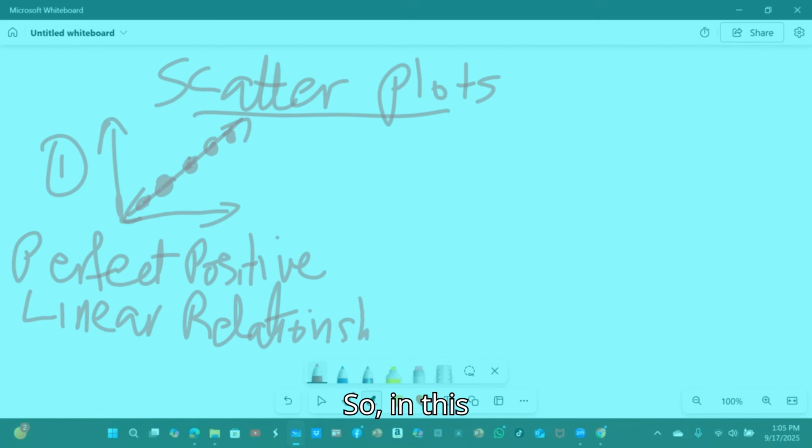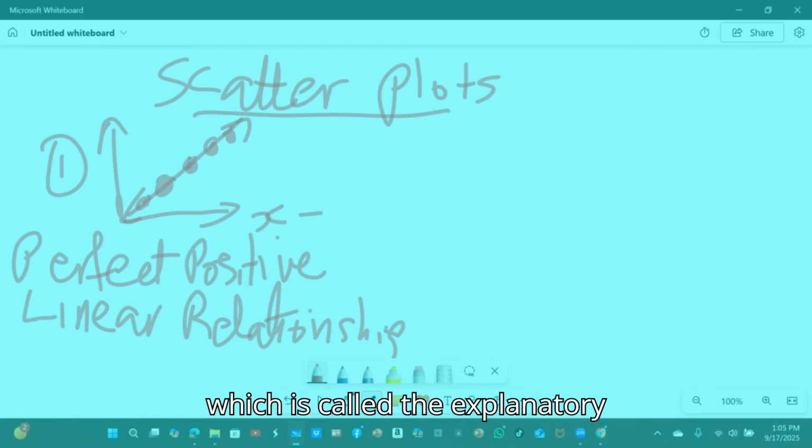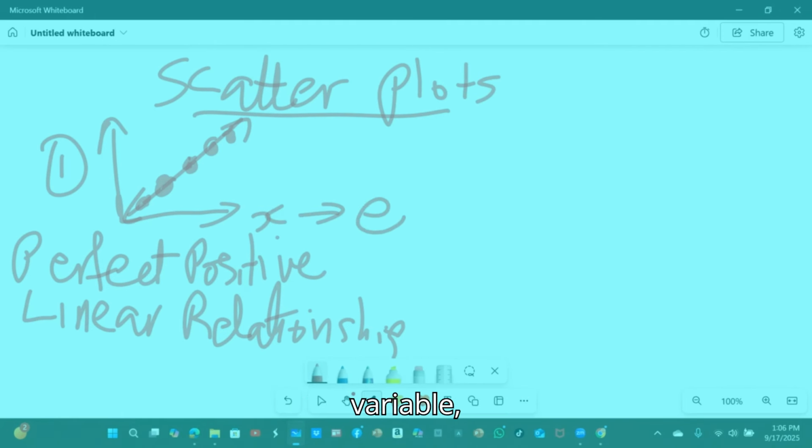So in this Unit 2, we are comparing two variables. Variable x, which is called the explanatory variable, or the predictor variable.